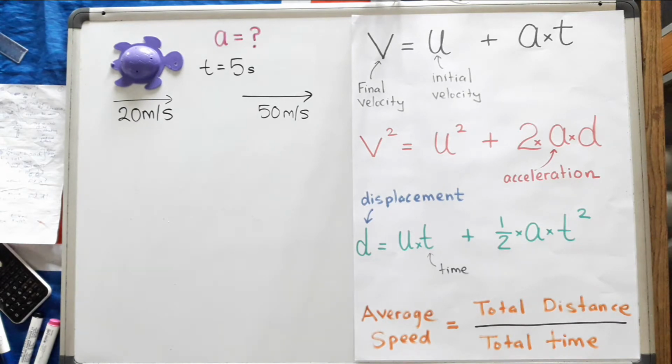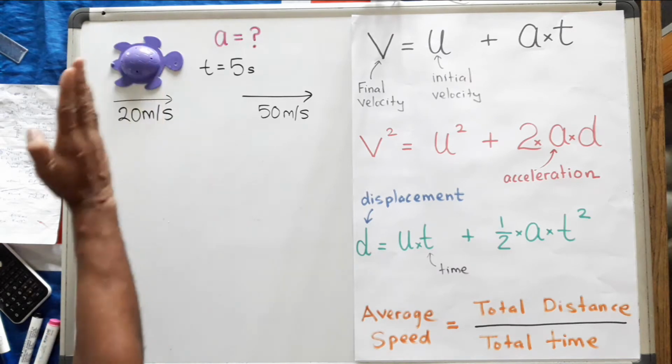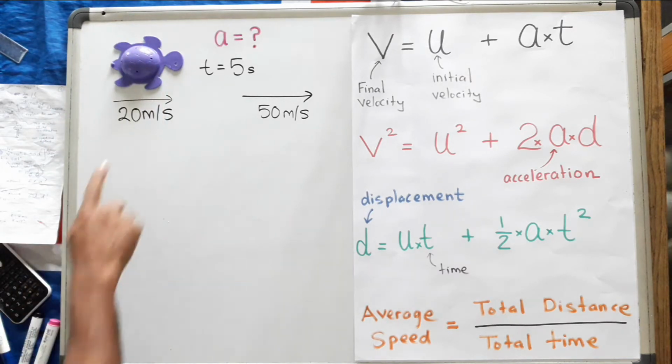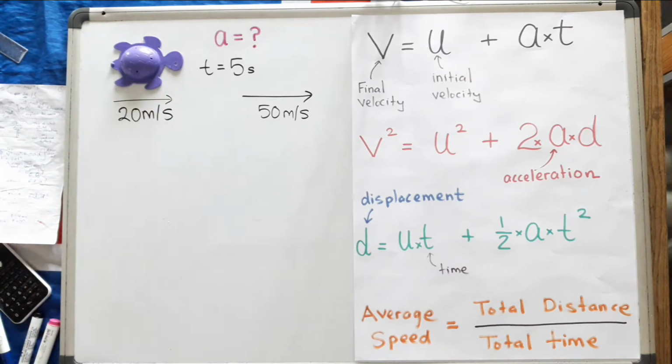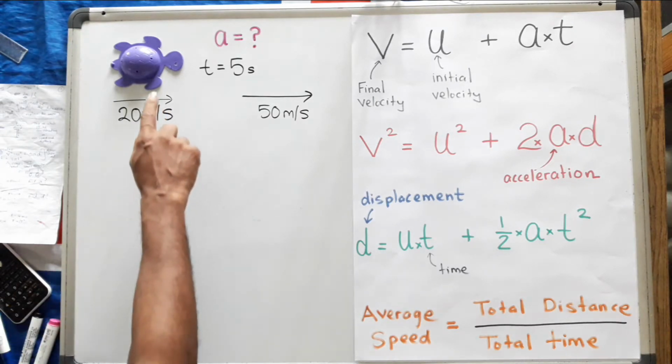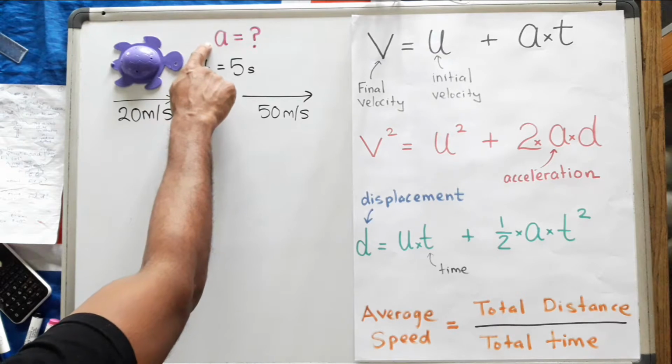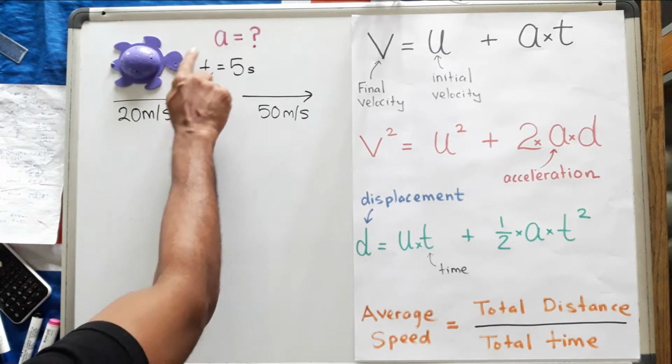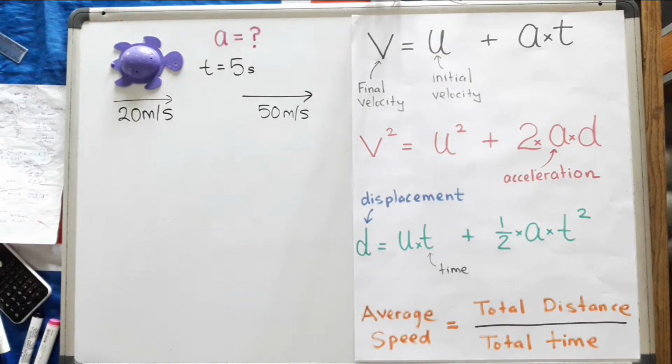So let's say we have a turtle. When we now saw the turtle, it was already moving at 20 meters per second. Then it started to accelerate. Now here's the thing. I do not know the value of the acceleration.